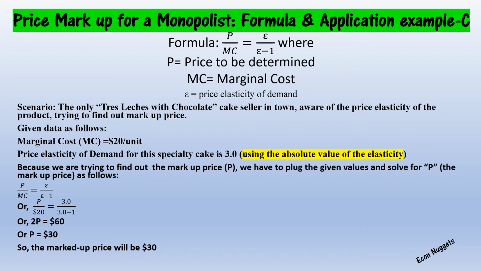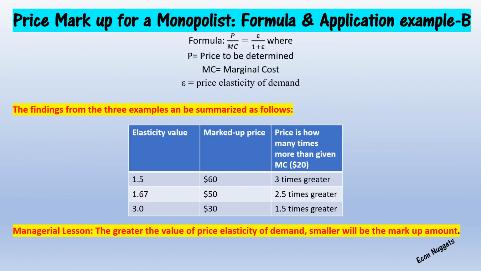So let's summarize those three examples. When the elasticity value was 1.5, the markup price was $60. That means the price was 3 times greater than marginal cost, because remember, marginal cost is 20 in all three examples.